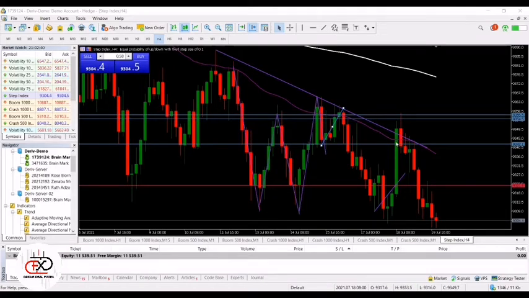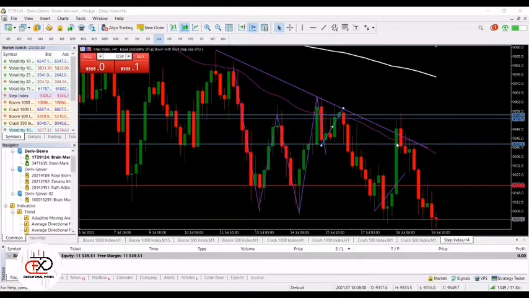Now, these are all things that we do when it comes to trading. The direction of the market. Where is the market going? Before you know where it is going, where is it coming from? After you know where it is coming from, is it ready to take the next turn?